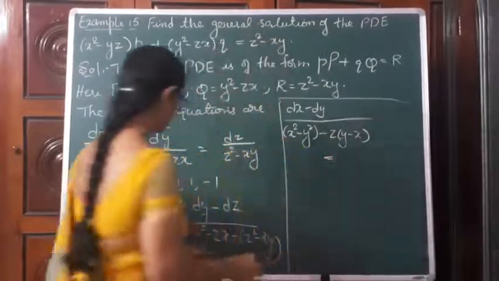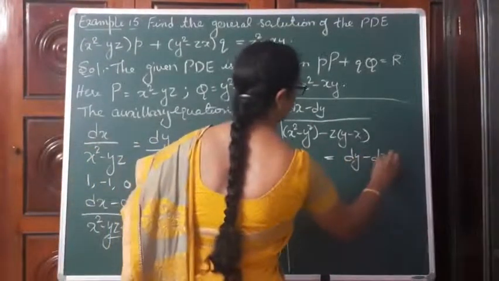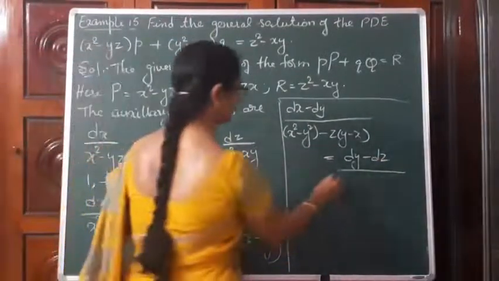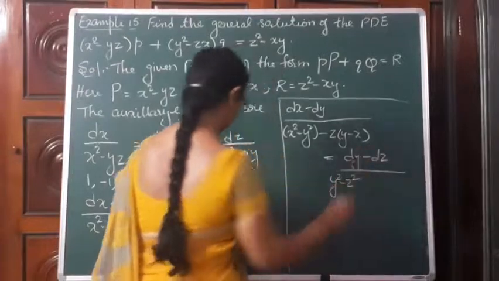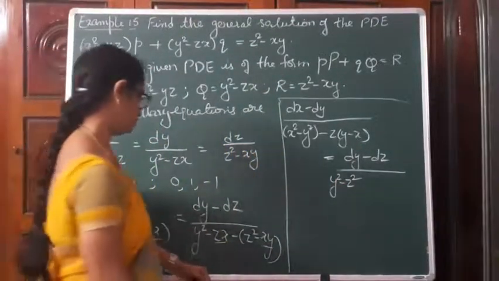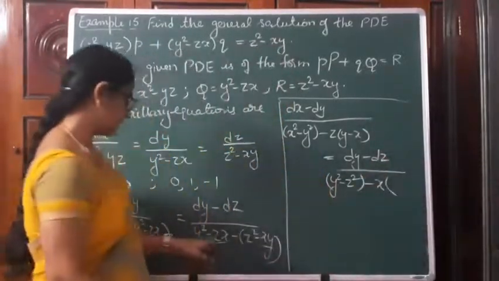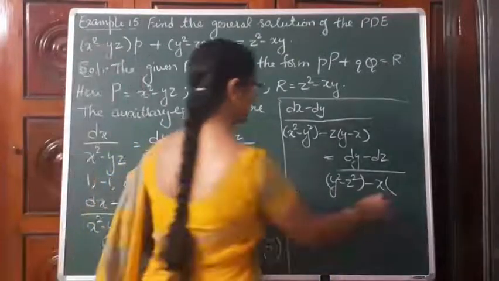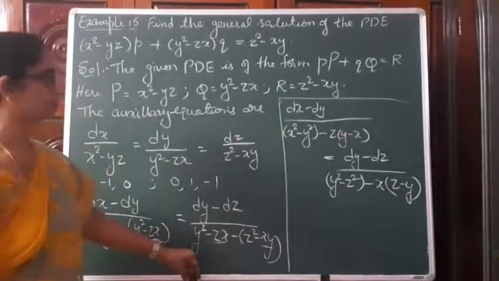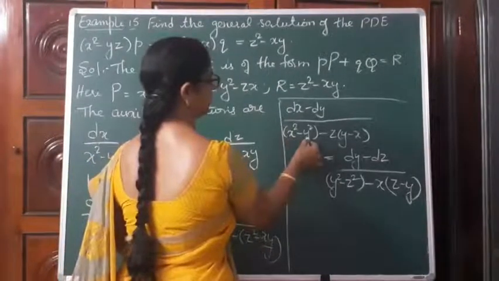Similarly, the right-hand term becomes dy minus dz divided by, check carefully, y square minus z square, and from these two terms take minus x common. Then we get minus x into z minus y.